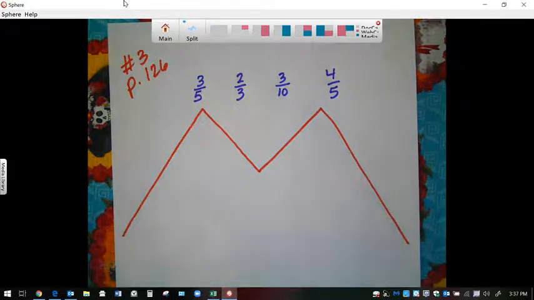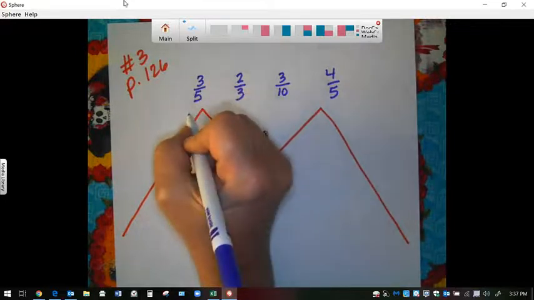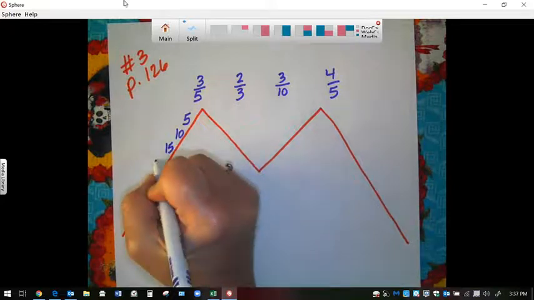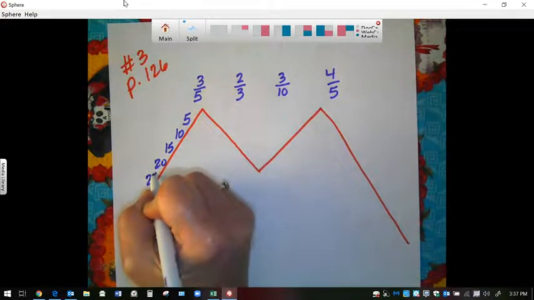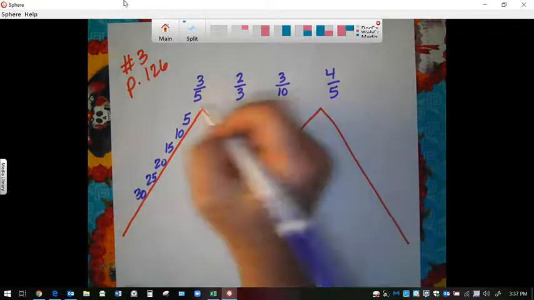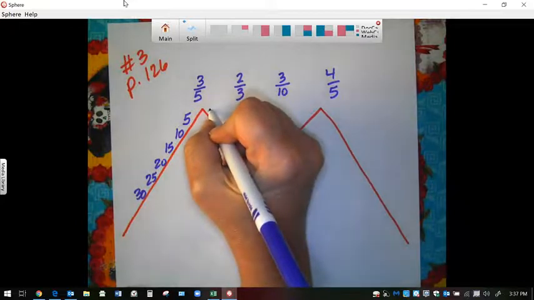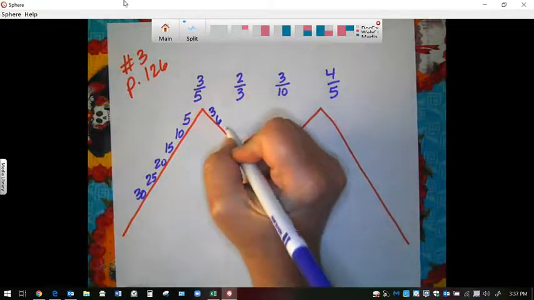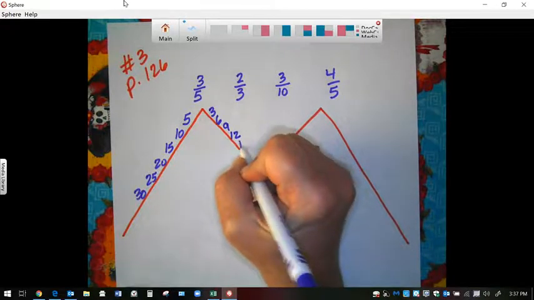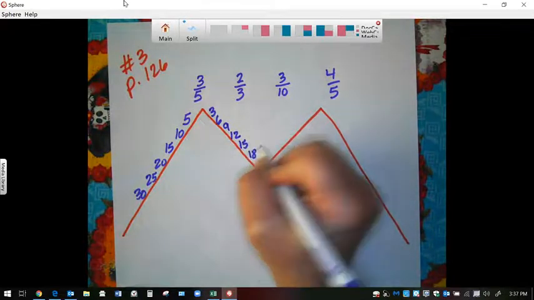We're going to do the same strategy. So 5, we're going to write our multiples of 5. 5, 10, 15, 20, 25, and 30. Okay? Then we're going to write our multiples of 3. And I'm going to do it on this line. 3, 6, 9, 12, 15, 18.